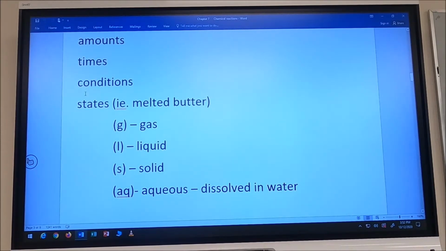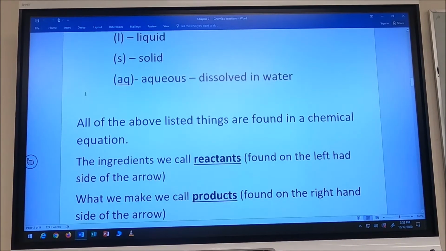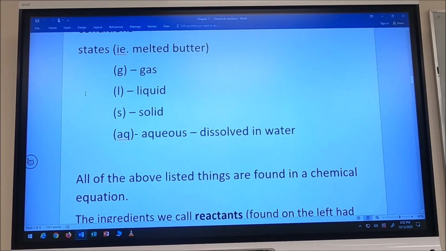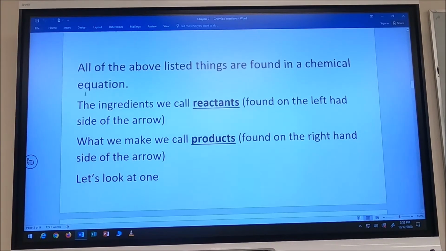In chemistry, we're going to see things like our states of matter: gas, liquid, solid, aqueous: lowercase g for gas, lowercase l for liquid, lowercase s for solid, lowercase aq for aqueous, which means dissolved in water. There are some more that you're going to hit when you get to organic chemistry, but we're not there yet. So all of these things are found in a chemical equation.